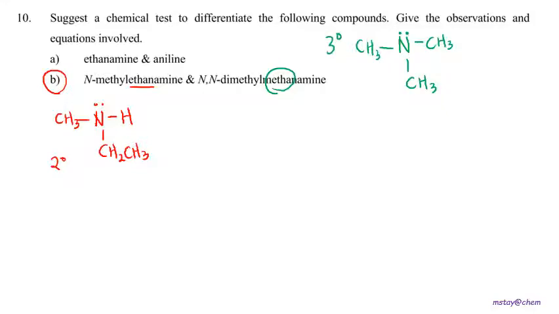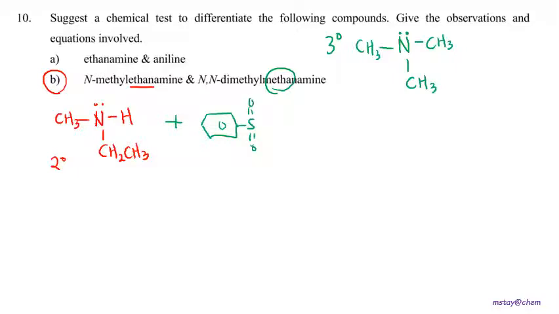So up to here we have only learned 2 chemical tests. One is the Hinsberg test, and the second is the identification test for aniline. So it is very obvious there is no aniline in question B, which means that we are going to use the Hinsberg test. First we will react the secondary amine with benzene sulfonyl chloride.